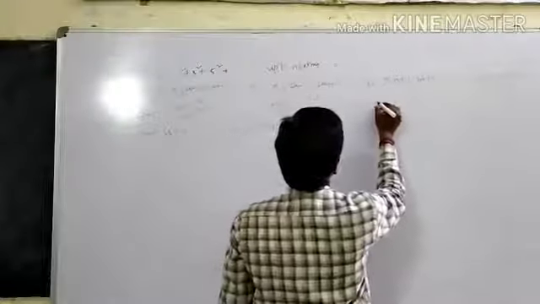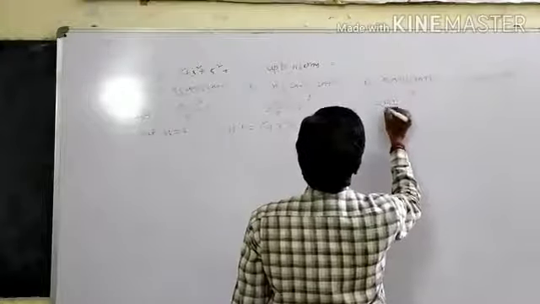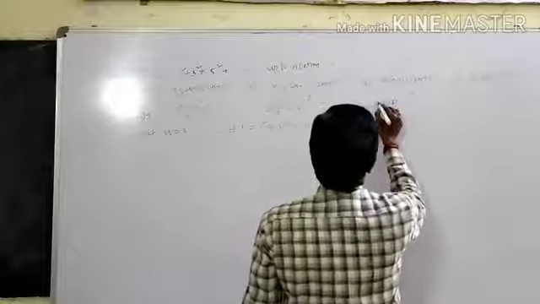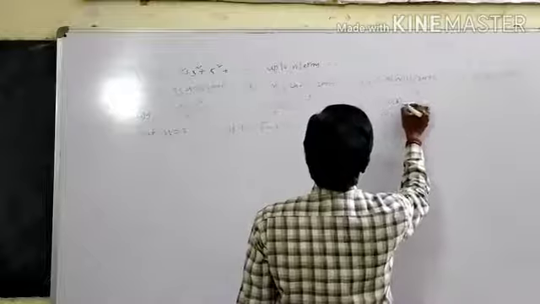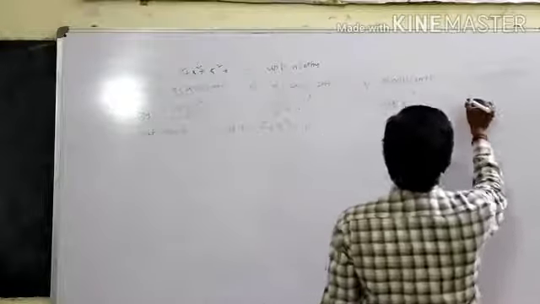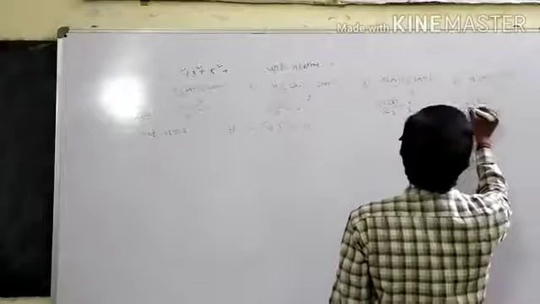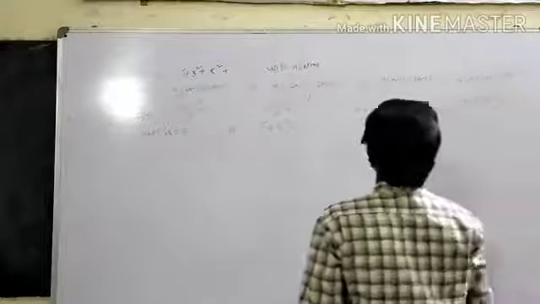Third option: 2 into 3 into 5 by 12. So 6 and 2 are cancelled, so 5 by 2. Fourth option: 2 into 3 into 3 by 6. 6 cancelled, that is 3.